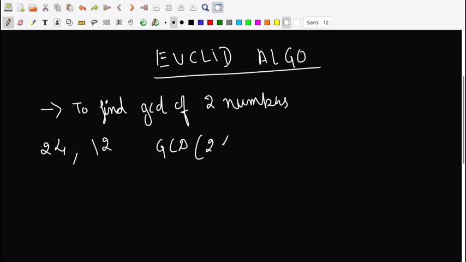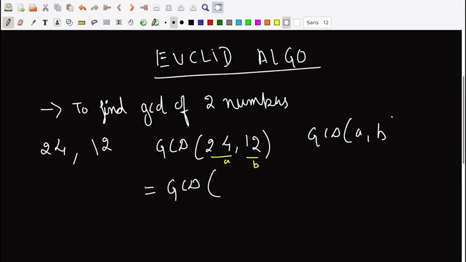So the way Euclid algorithm works is basically what we do is we say GCD of 24 and 12 is equal to, so if this is term A and this is term B, and we want to find out GCD of A comma B, then we say GCD of A comma B is equal to GCD of B comma A modulo B, and we keep on repeating this till B becomes 0.